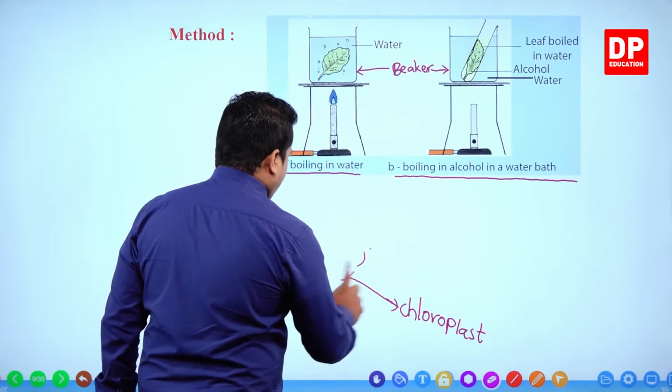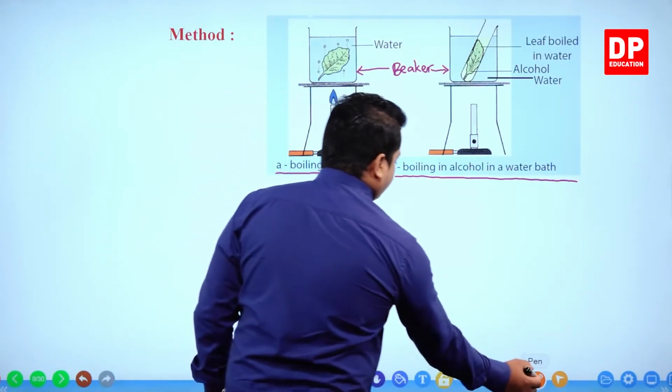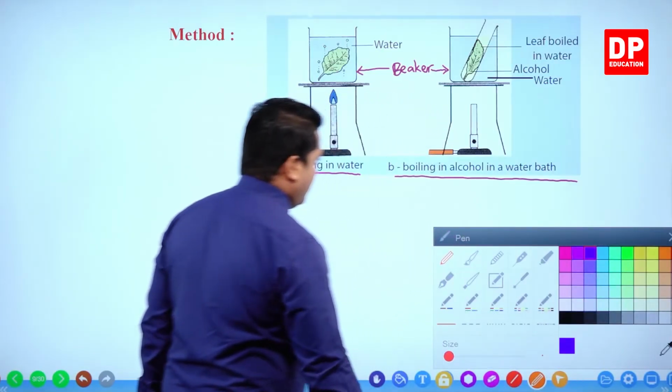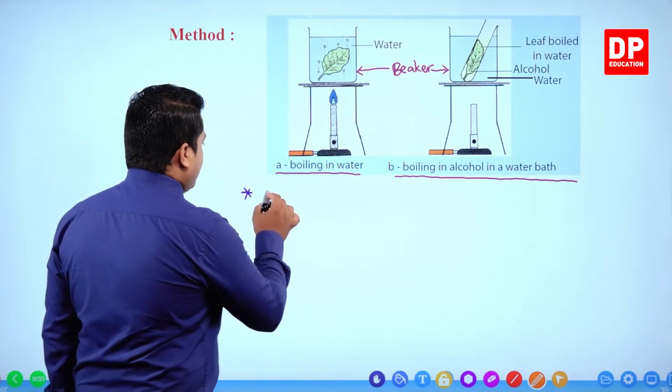So, I'm going to erase this part, then we'll write it down step by step. First of all, what do you have to do?